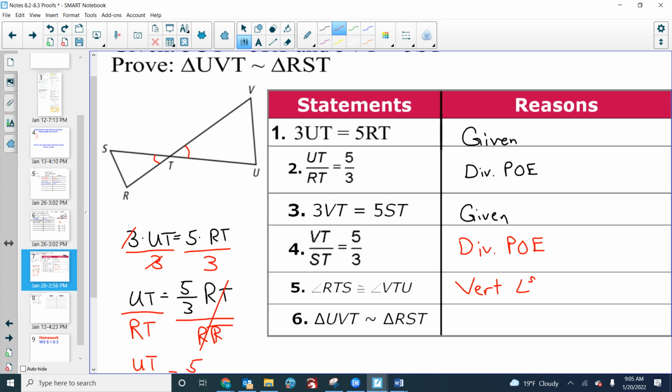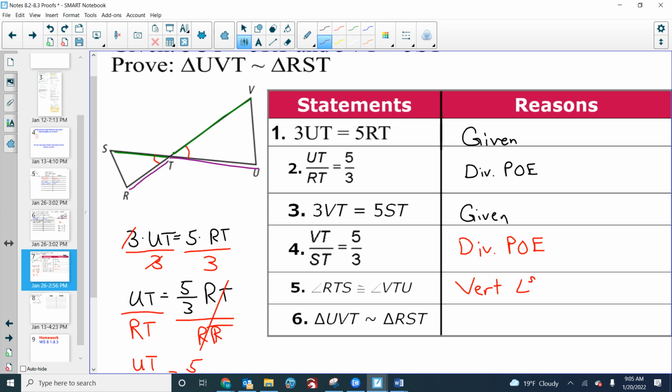And so what they really did here was they said VT over ST has a ratio of 5:3. Before that they said UT over RT has a ratio of 5:3.